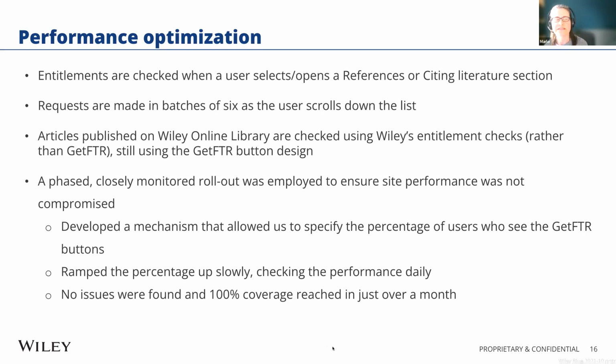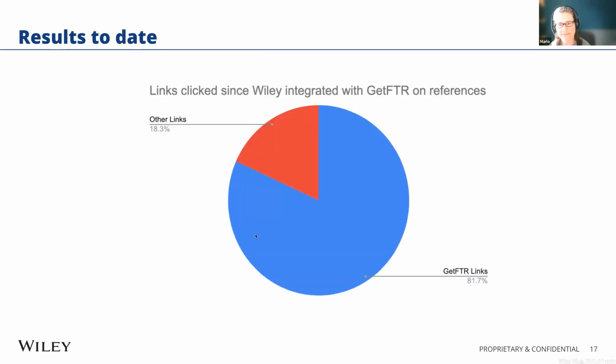I think we started as low as 10% and slowly ramped up that percentage every few days in batches of 10%, checking the performance every day just to make sure there wasn't any problem that we hadn't caught in testing. As it happens, no issues were found, everything was fine, and we reached 100% coverage in about 4 to 5 weeks after we implemented, which was in mid-December. Those are the things we did to ensure smooth rollout and maintenance of the links.